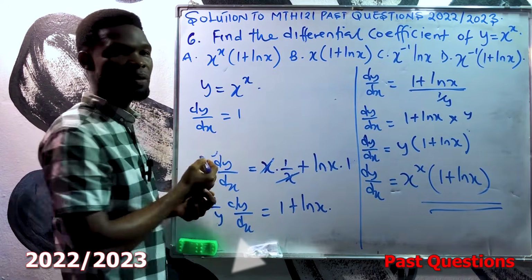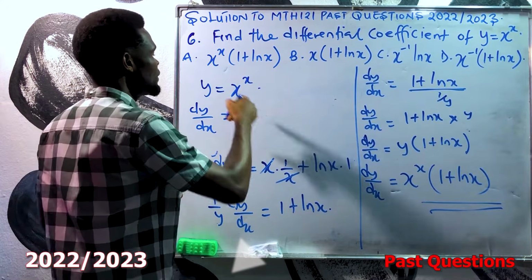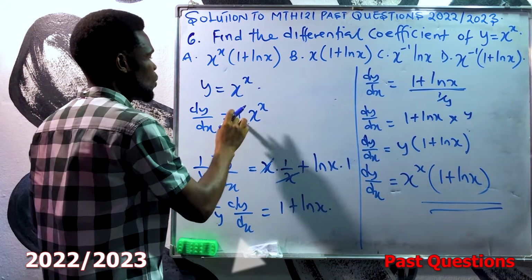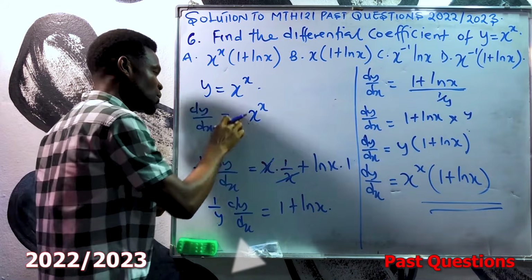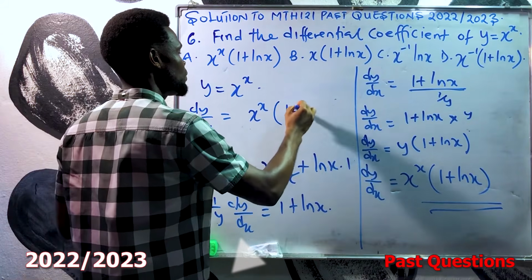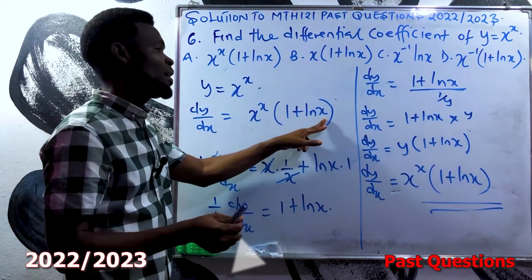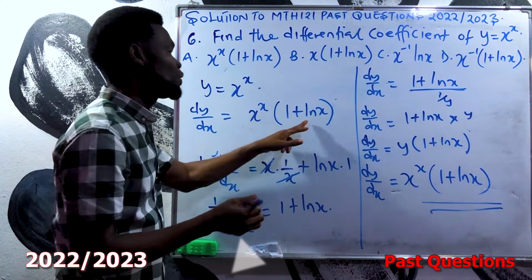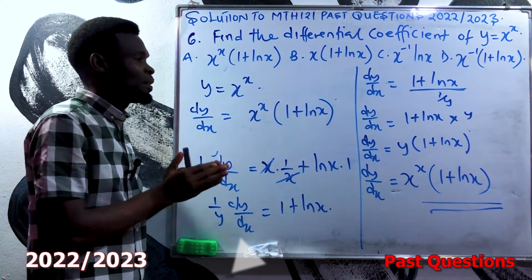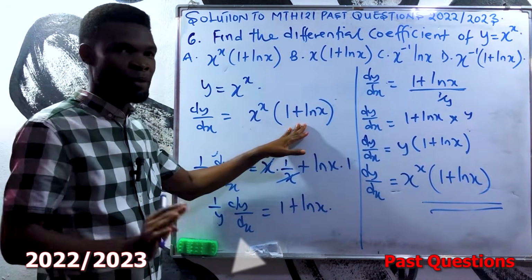Step 2, repeat the function, x raised to the power of x. So 1 times x raised to the power of x is simply x raised to the power of x, then into 1 plus ln x. This 1 plus ln x is something you have to bring in all the time.